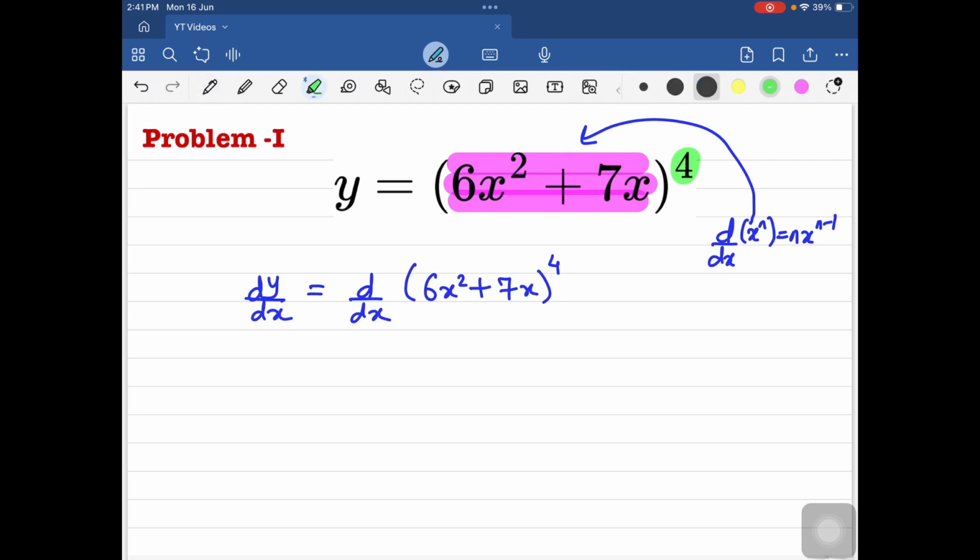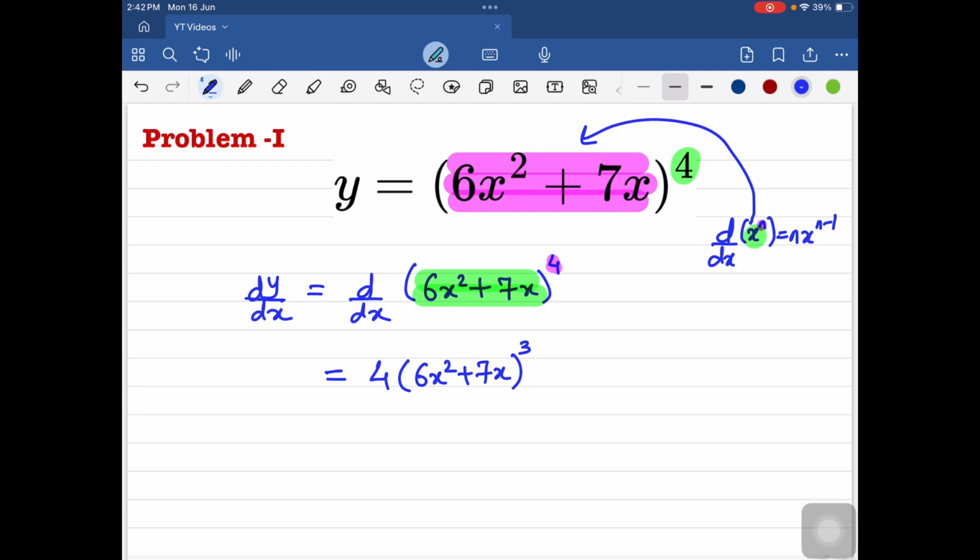When we compare, this becomes x in our problem, and in place of n, it is 4. So when we apply the x to the power n formula, 4 will come in front like n, and (6x squared plus 7x) to the power 4 minus 1, which is 3. My formula application for x to the power n is done.